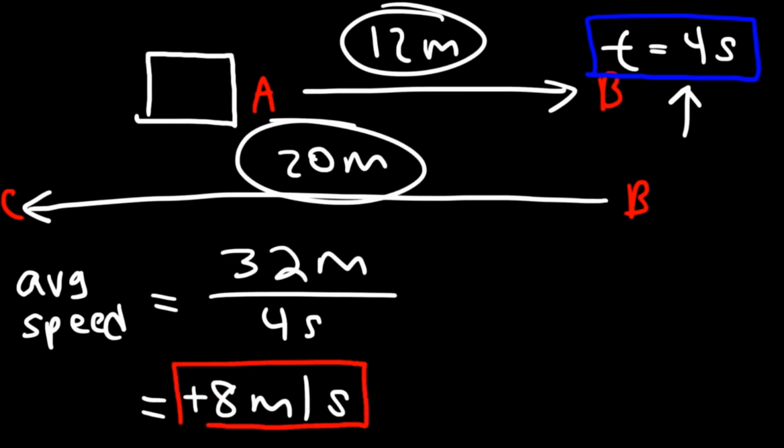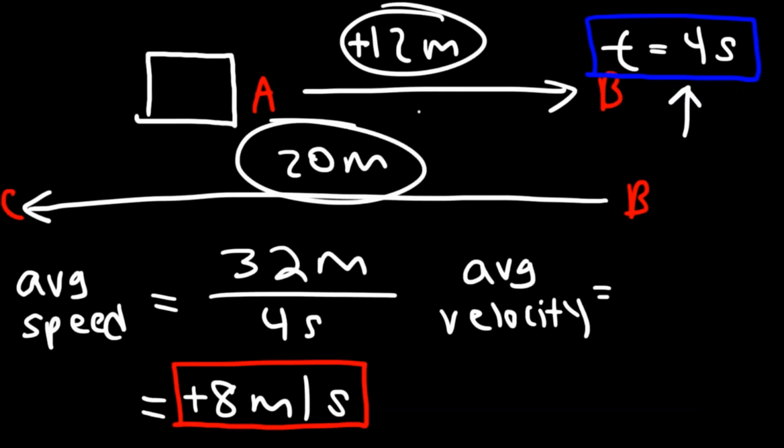So what about the average velocity? Well, we know that average velocity is the displacement divided by the total time. The displacement for the first part of the trip, going from A to B, is positive 12 because the object is traveling in the positive x direction.